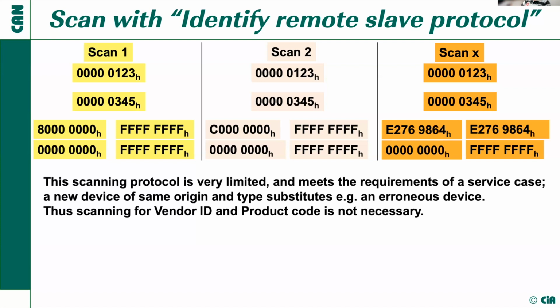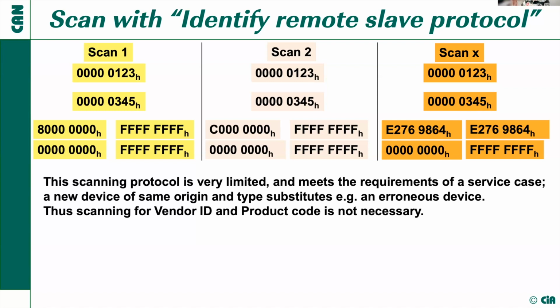And we see furthermore, in this protocol, we cannot scan for vendor ID and product code. As I said, the idea behind it was, okay, it will anyway be the same vendor and the same product code, but the devices in a service case differ in revision number and serial number.